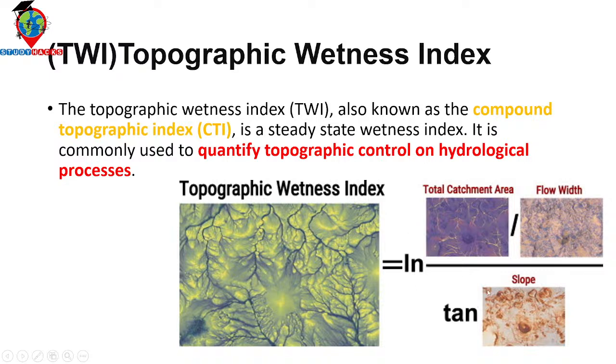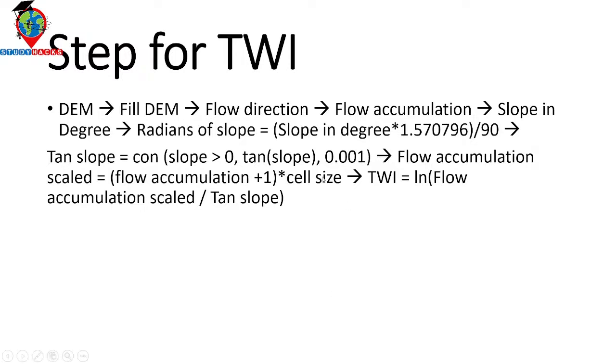I will show you how we can easily create this index, the topographic wetness index, using the DEM data. Let's discuss. Here you can see the steps for calculating it.